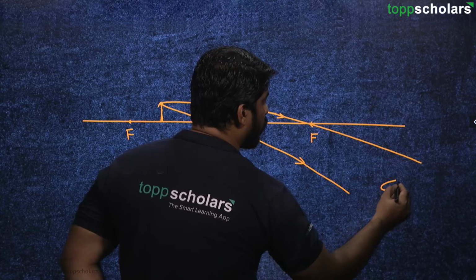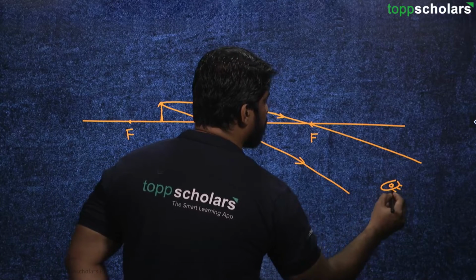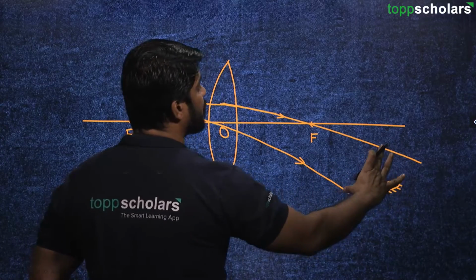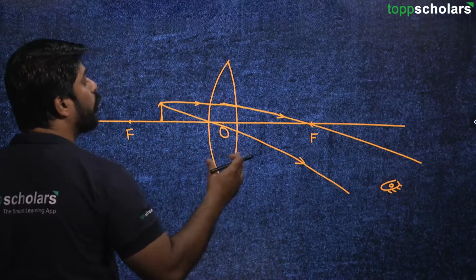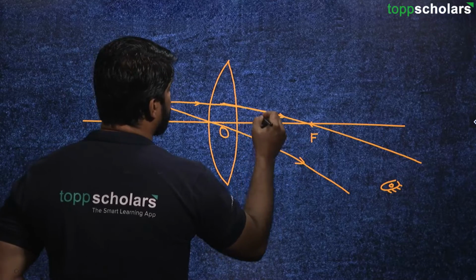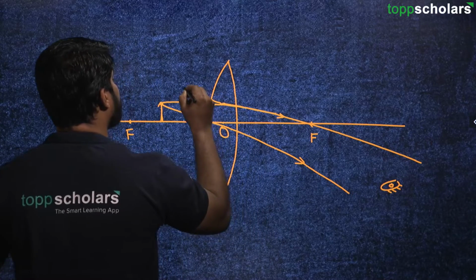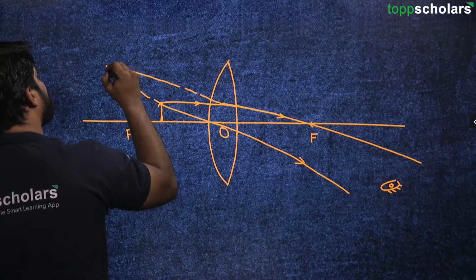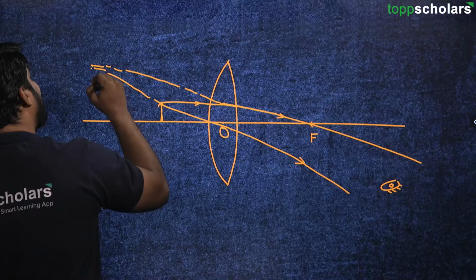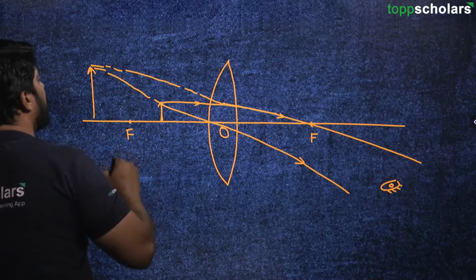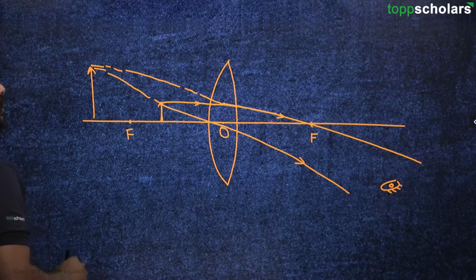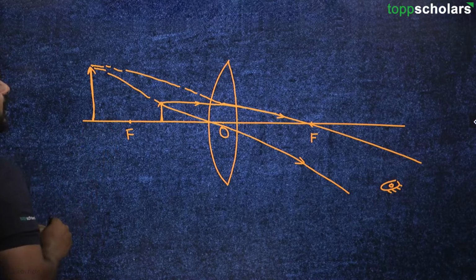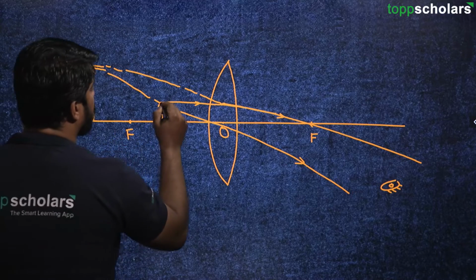So an observer over here will not be able to find a point where they meet or coincide. So we are going to trace these rays backward, and wherever these rays meet, at that point the image will be formed virtually. So this will be the virtual image formed in this particular case.